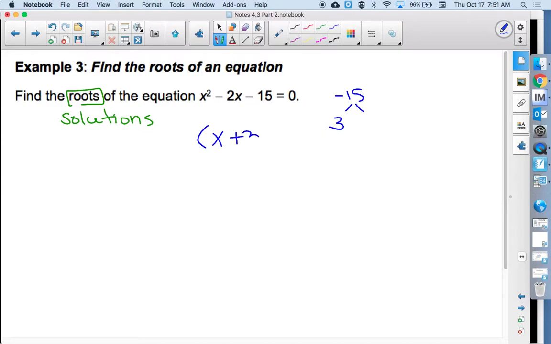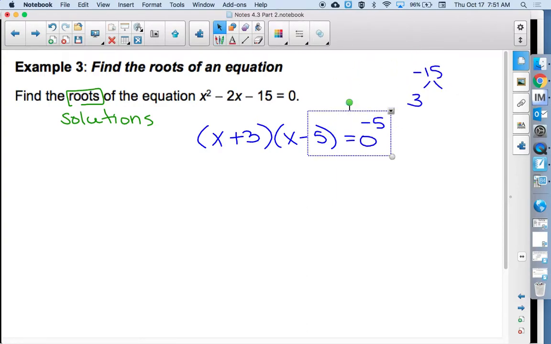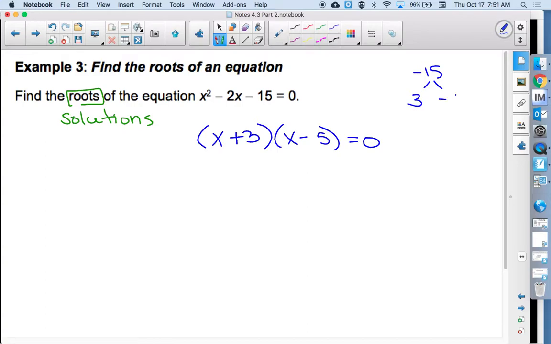Yep, so x plus 3 and x minus 5. My factors of 15 would be 3 and negative 5. So we would write them in parentheses, factoring into x plus 3, x minus 5. It's a negative 2, so the larger value needs to be negative.